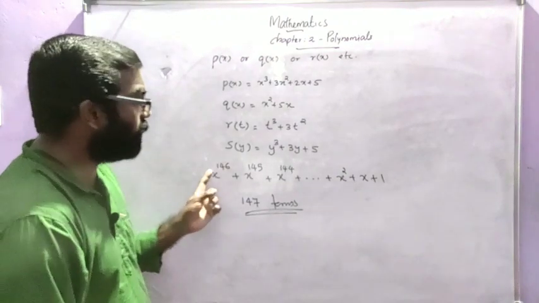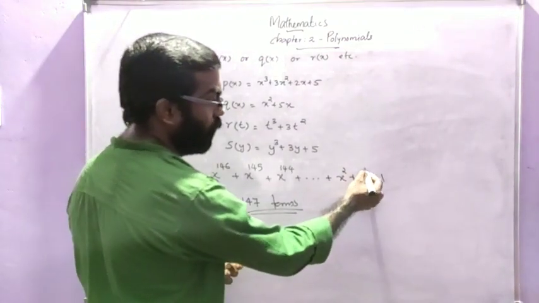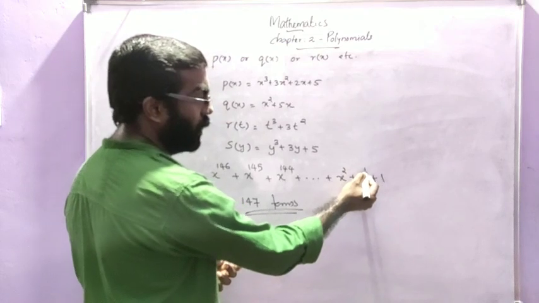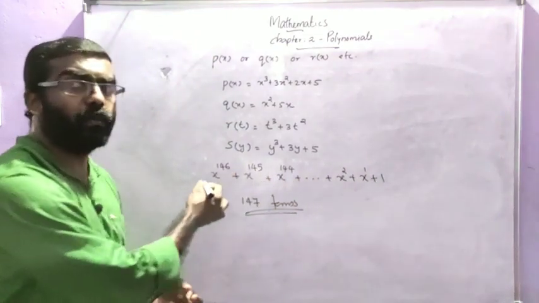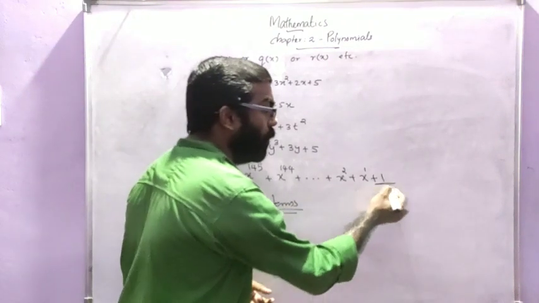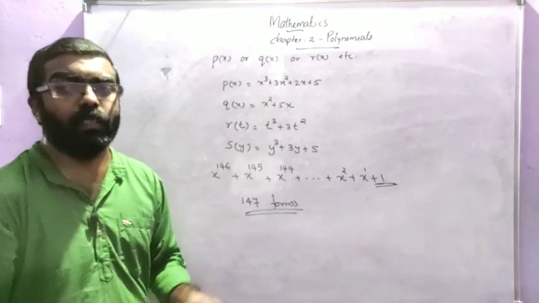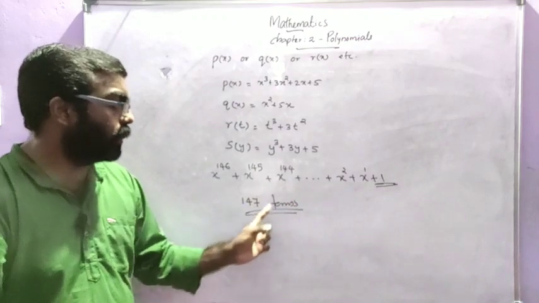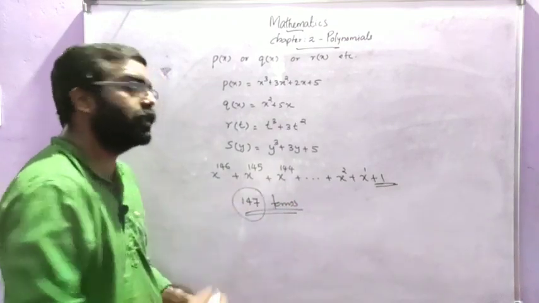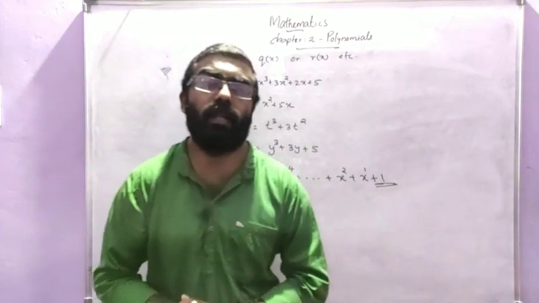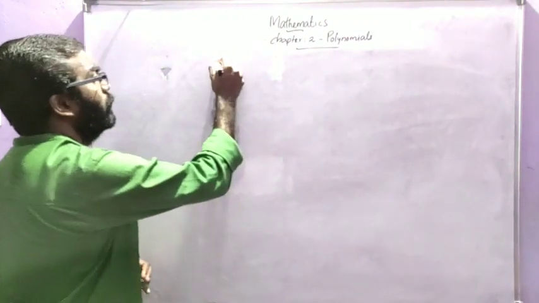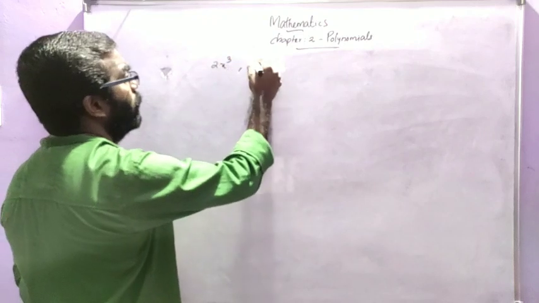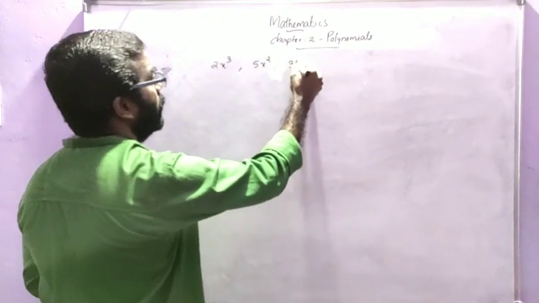Okay, you can look at the power. Here the power is 1. So count the terms 1, 2, 3, 4, 5, 144, 145, 146, and here one more term. Last one more term is there. So totally the number of terms will be how much? 147.